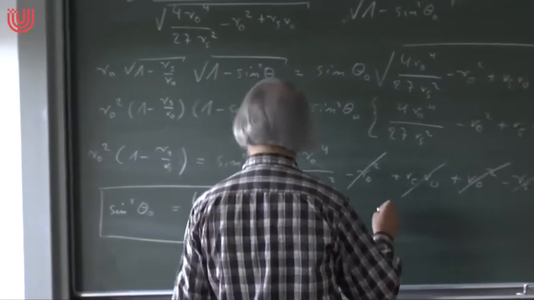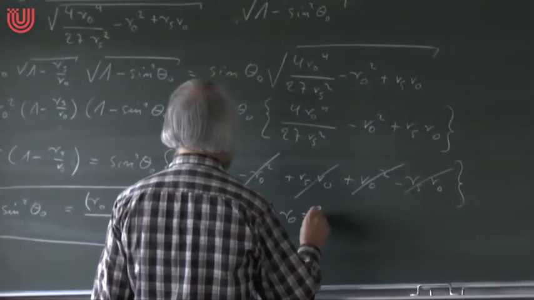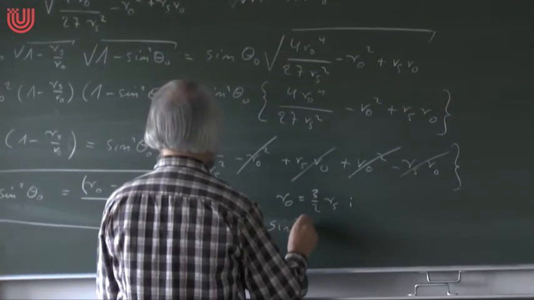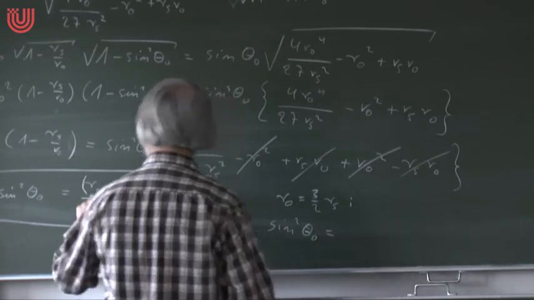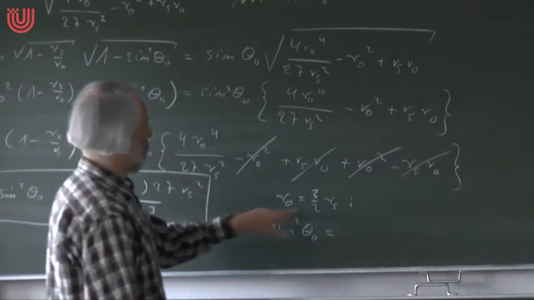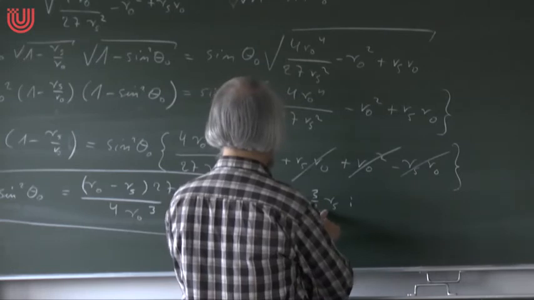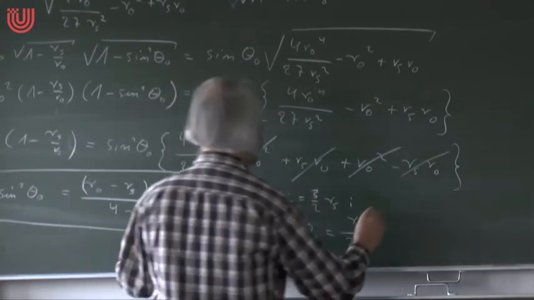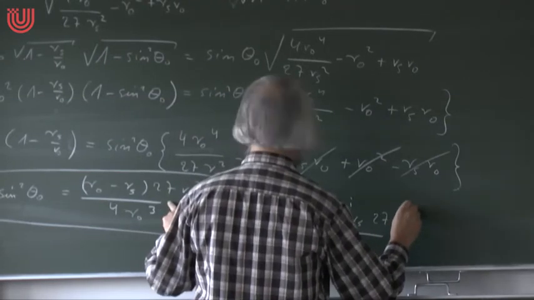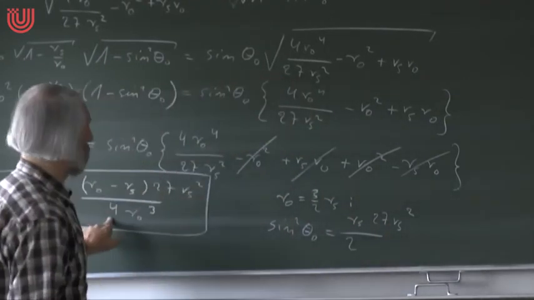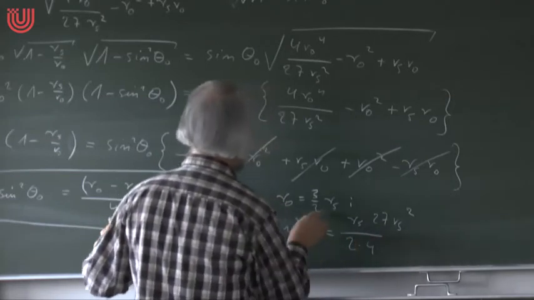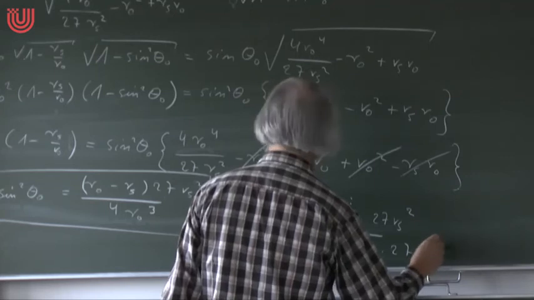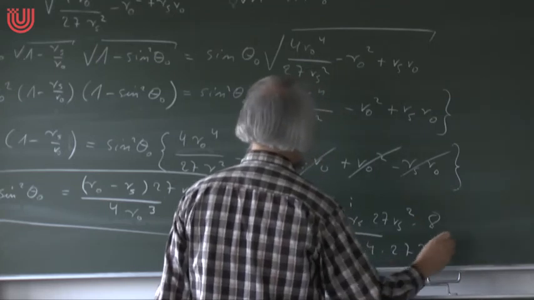Let's just check. If I have R_O is 3/2 R_S, then I have sine squared of theta_O is what? R_O minus R_S is 3/2 minus 1 is 1/2, right? 1/2 R_S. 27 R_S squared, and 4 times this thing cubed. 3 cubed is 27 R_S cubed, and 2 cubed is 8.